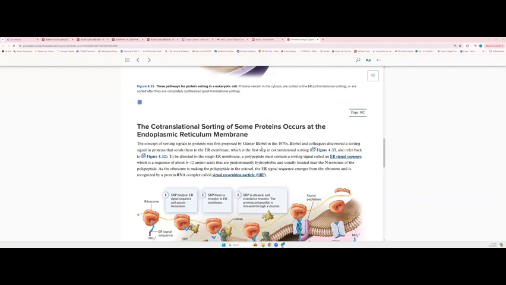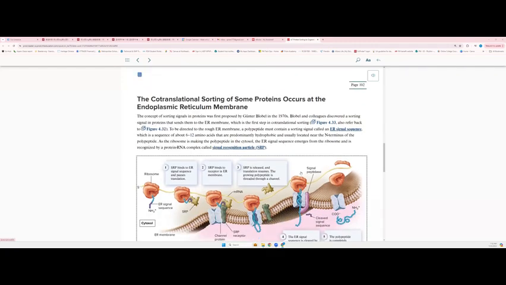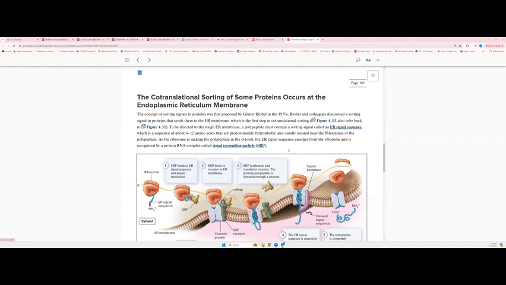What's next? Okay, let's talk in more detail about how this happens. How does co-translational sorting happen at the ER, the endoplasmic reticulum membrane? First, this is the mRNA, this is a ribosome.